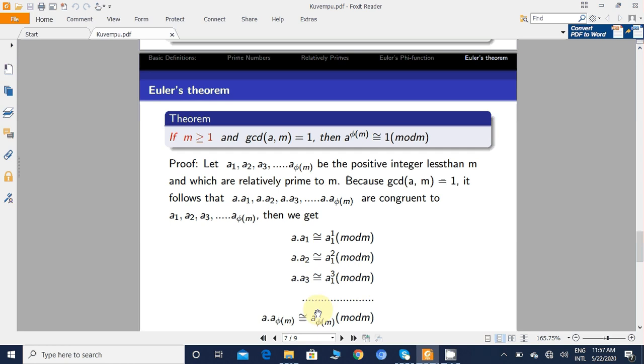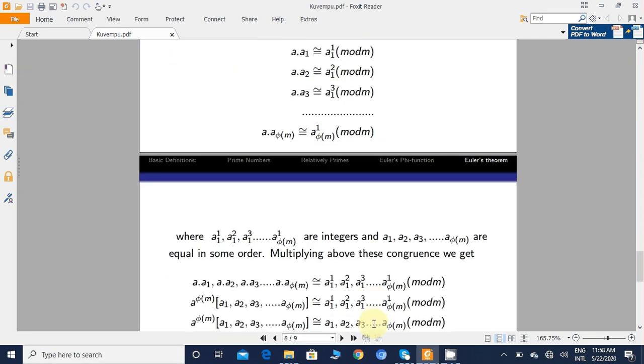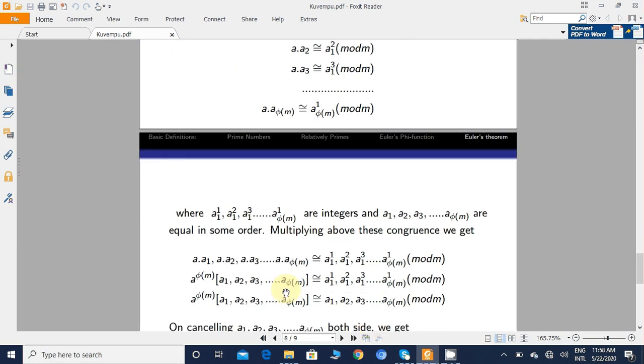If I multiply a with a of φ of m, their product is congruent to a dash φ of m under the same modulo m, where a1 dash, a2 dash, a3 dash, etc., a of φ m dash are integers, and a1, a2, a3, etc., a of φ of m are equal in some order.